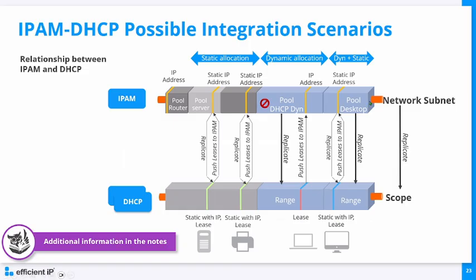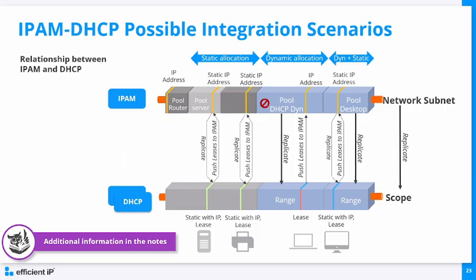Now, in IPAM, if you create a pool that is read-only, you can also replicate it to DHCP as a range. But for the read-only pool, when you replicate it to DHCP as a range, the range can only support dynamic IP allocation.